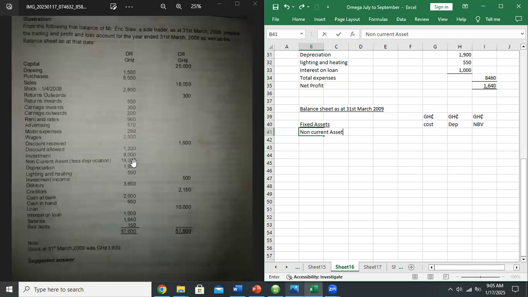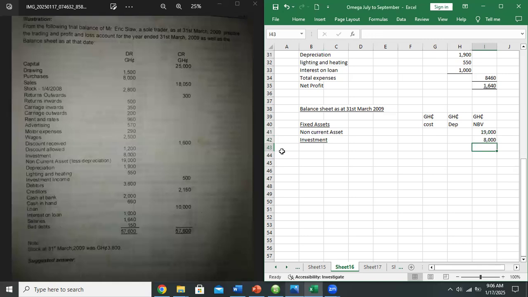So that should suggest to you that the 19,000 is the net book value. It's not the cost, because they are saying non-current assets less depreciation, so it means they have already deducted the depreciation from it. Then as Prof. Sandra said, the investment, which is also given as 8,000 Ghana cedis.